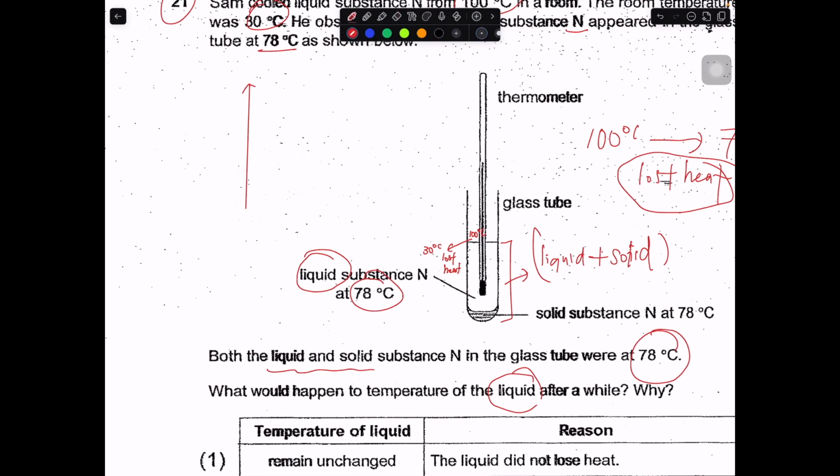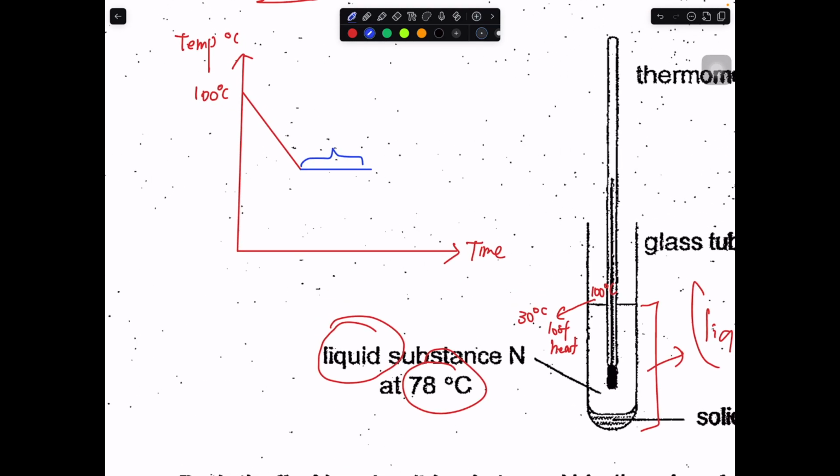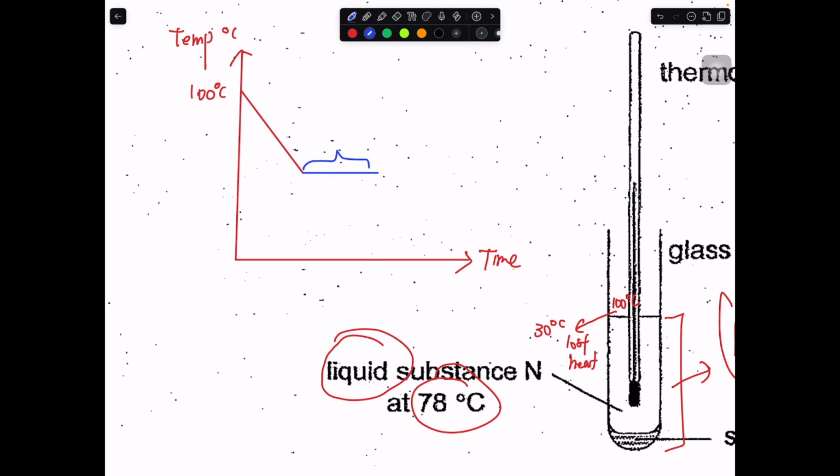If I were to draw a line graph, this is how the whole thing looks like. This is a temperature-time graph. So at first it's 100. Then it reached 78 degrees. And then this process over here is what we call a phase change, or change of state.